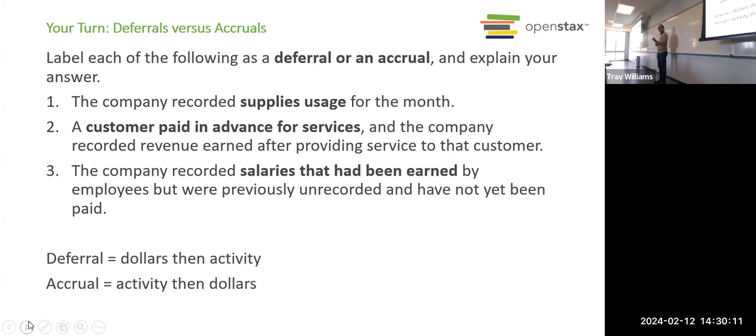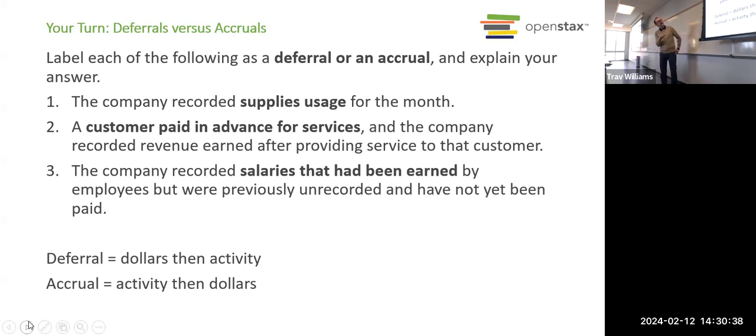The dollars happen first, and then the action happens in a different period, which would be a deferral, or does the action happen first, then the dollars change hands in another period? It would be accrual. So let's use that little tip here and see if we can answer these questions.